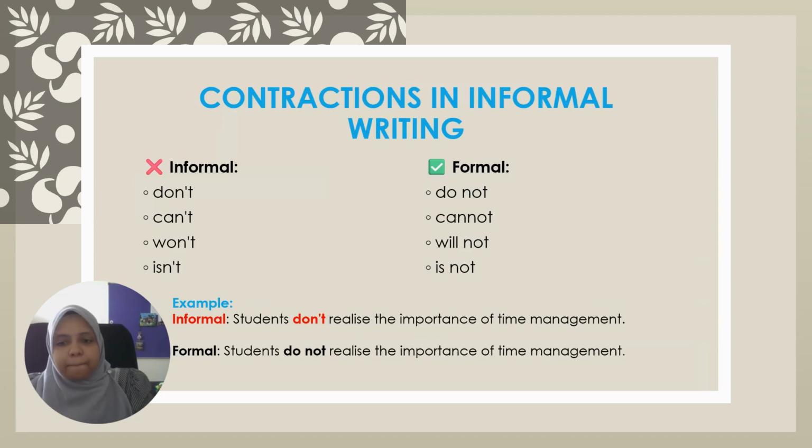So, for example, instead of writing a sentence starting with "Students don't realize the importance of time management," you need to improvise the sentence using formal language, which will become "Students do not realize the importance of time management." All right. So contractions is not allowed in academic writing. You have to use the full form of word.